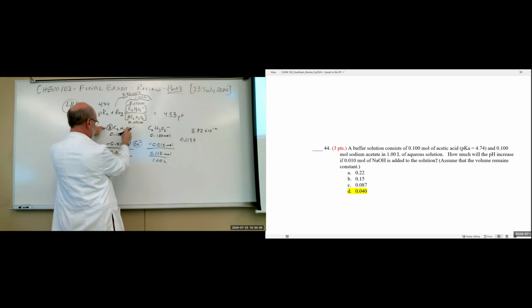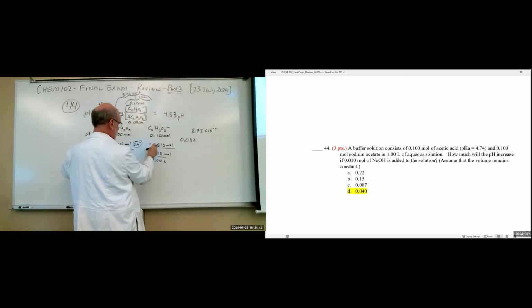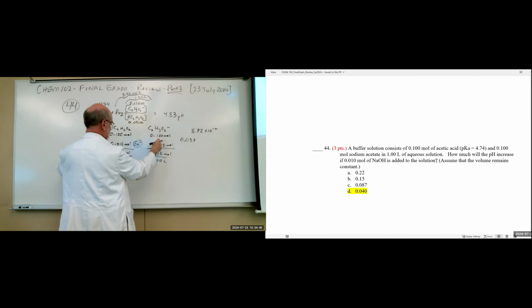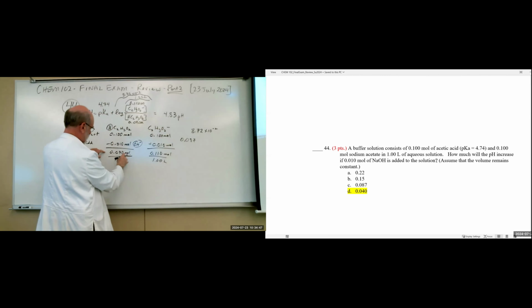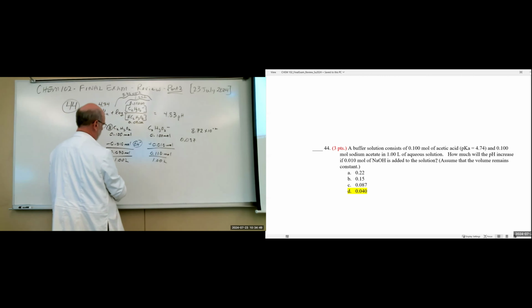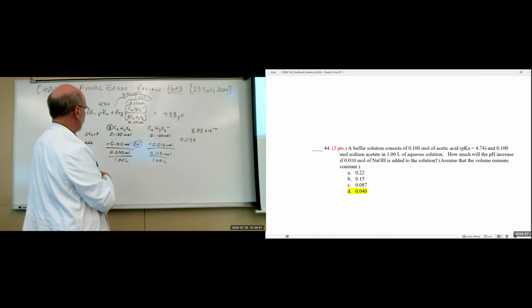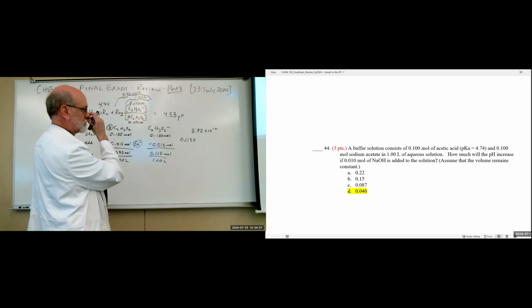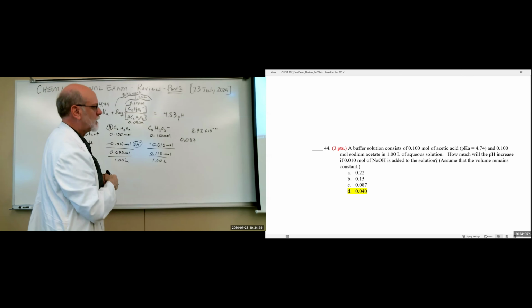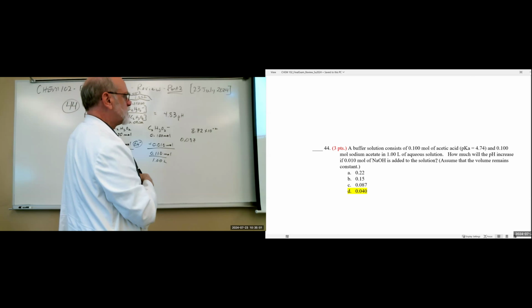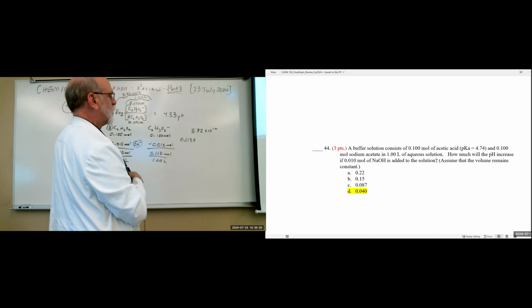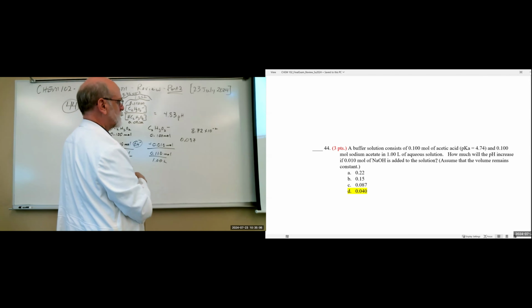That plus that liberates 0.01 mole of acetate. So we get 0.09, 0.11. And how much will the pH increase if 0.01 mole of sodium hydroxide is added to the solution?